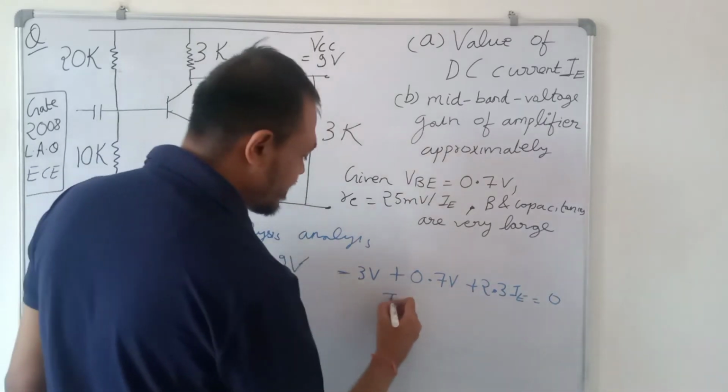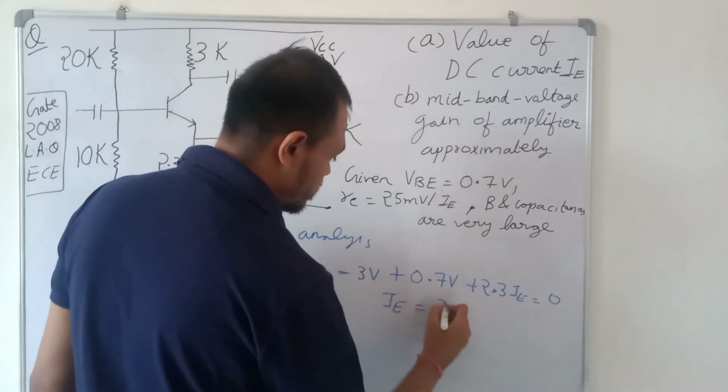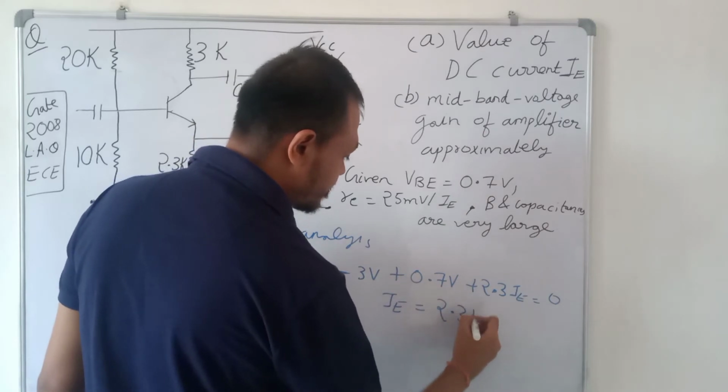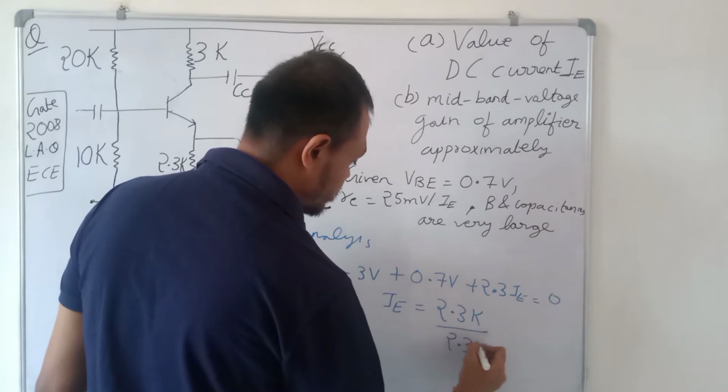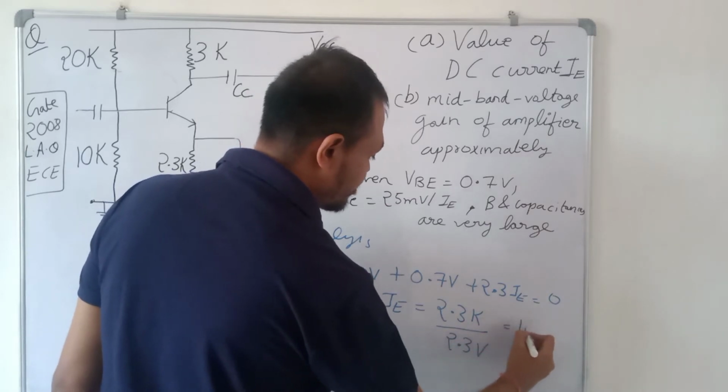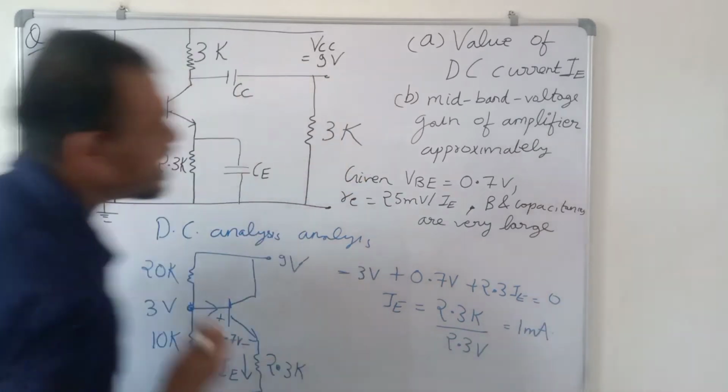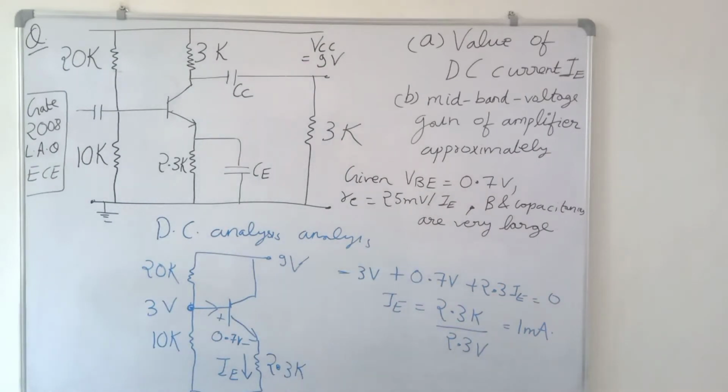So IE will be equal to 2.3 volt upon 2.3k. So this will be equal to 1 milliampere. So the value of DC current IE is 1 milliampere.